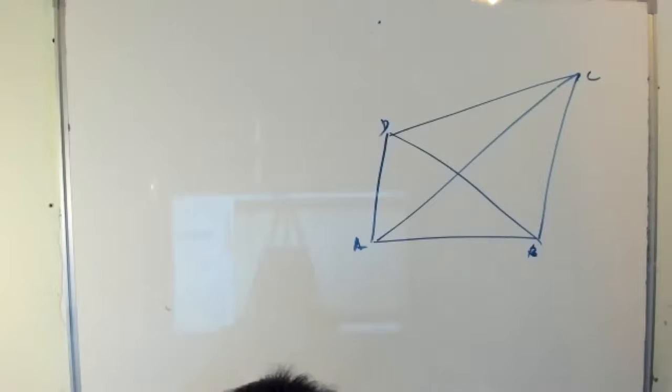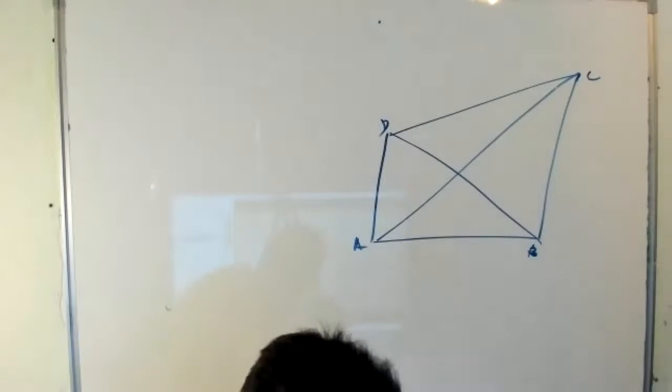Lateral means sides. A quadrilateral is a closed figure formed by joining four points in order, with no three points collinear.